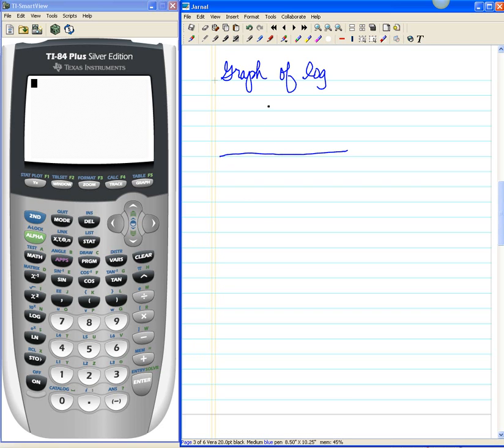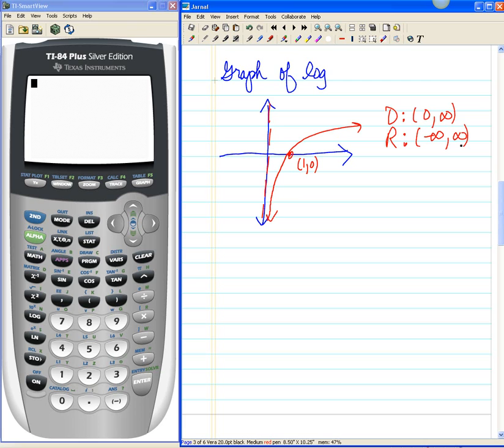So if I looked at the graph of y is equal to a to the x, to get the log graph, instead of a horizontal asymptote, I'm going to have a vertical asymptote. And instead of the point 0, 1, I'm going to have the point 1, 0 as a key point. And my domain and range change. My domain is from 0 to infinity, and my range is from negative infinity to infinity. Okay? So this is y is equal to the log base b of x, or log base a, whichever one you want to say.